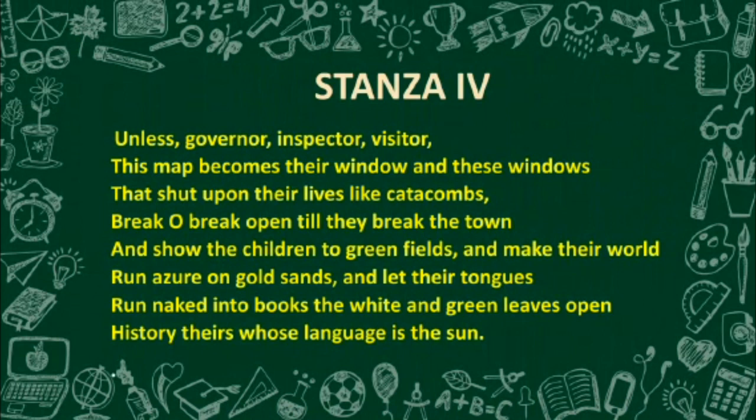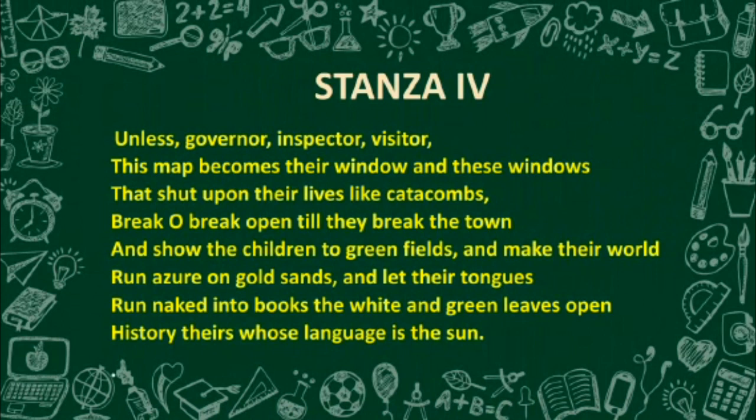It means we should provide them ample opportunities of education, and let their tongues run naked into books, the white and green leaves open. The poet wants us to endeavor to provide them not only institutional education, but also access to the rich bounty of nature.